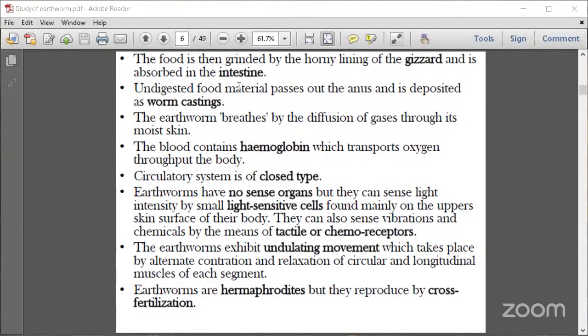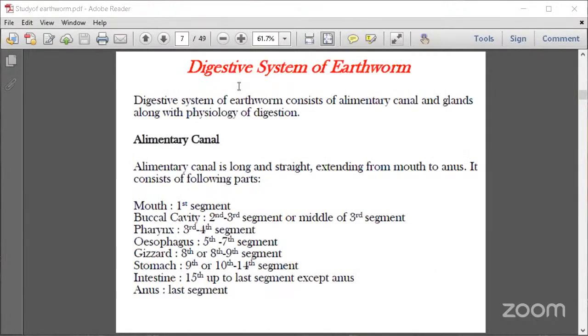Though they are hermaphrodites, they reproduce by cross fertilization. Before going to the next topic, here we already discussed the general characteristics of earthworm.